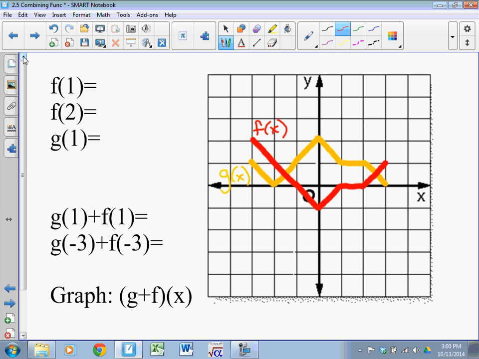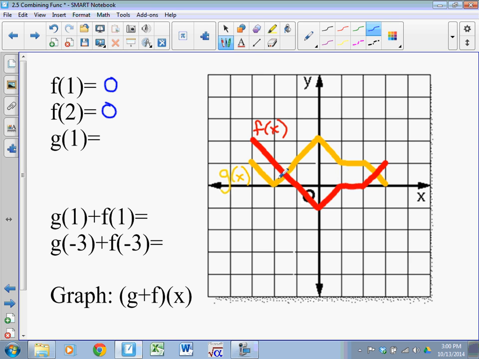Now, we have done this previously in this chapter, but just to refresh our memory, if I said, what is f of 1? In this graph, f is the red function. So when x is 1, f is 0. F of 2, when I go to 2, is 0.